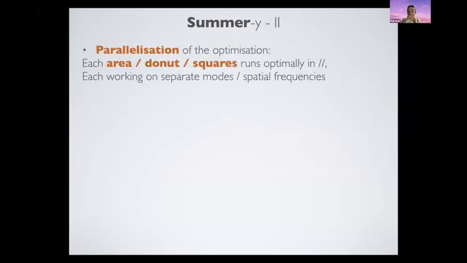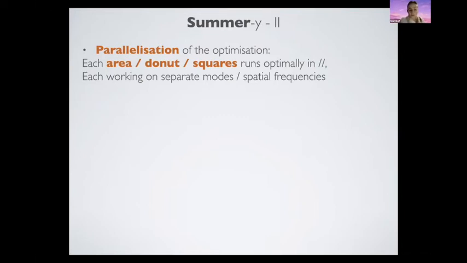A few comments on this method. This parallelization of the optimization is quite powerful, especially in increasing the speed of the algorithm, because if you take only the Strehl ratio, it can take quite some time. By parallelizing, that makes it even faster and easier in terms of computing power and time.